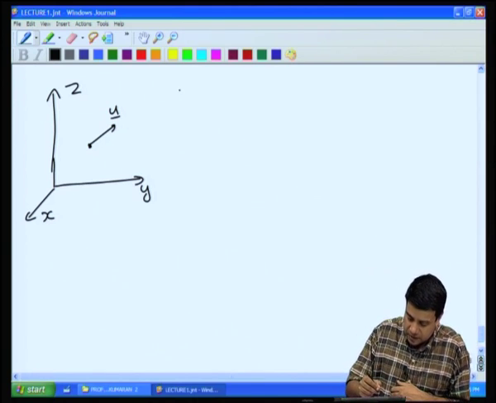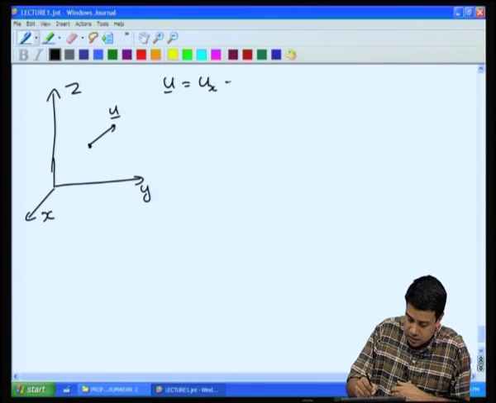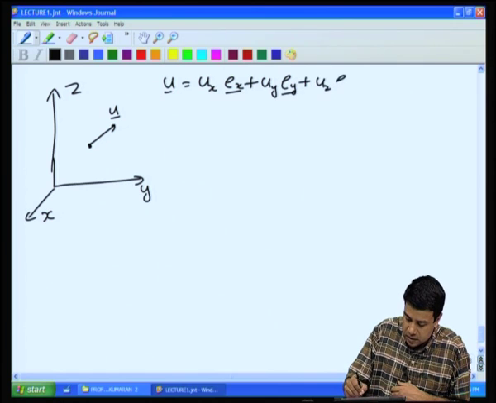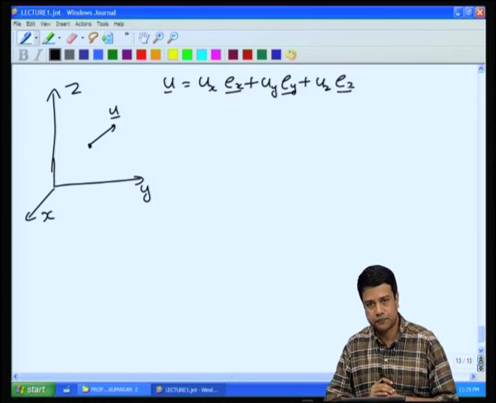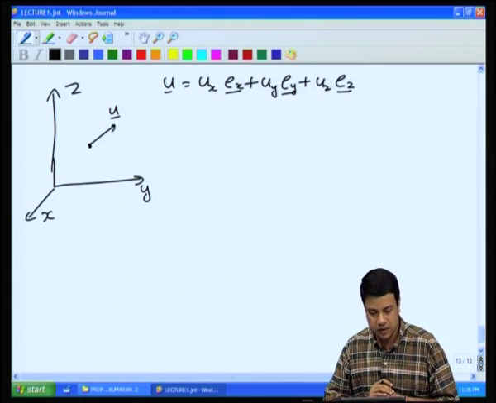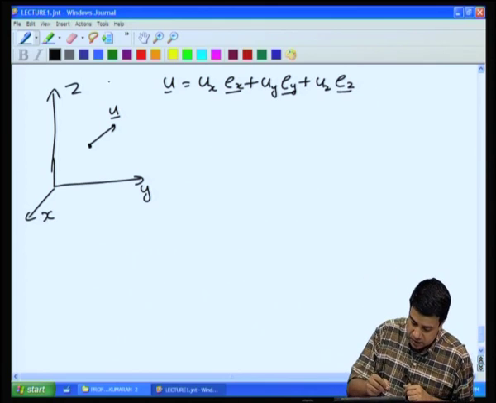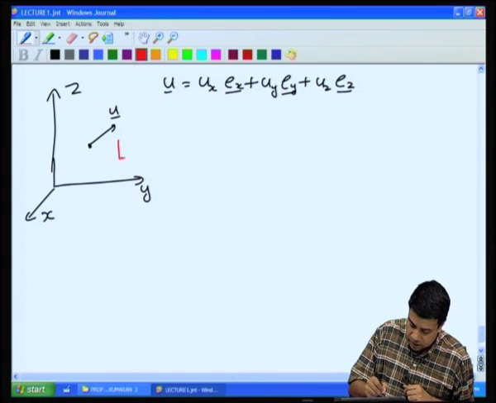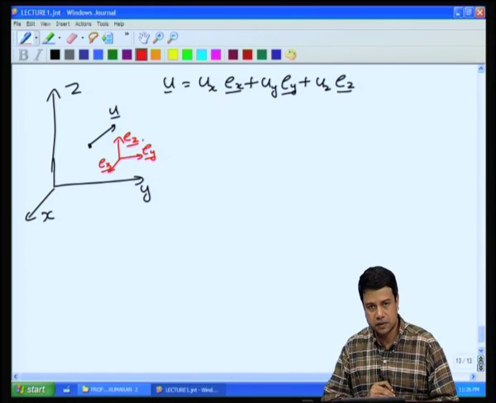So, I can write, for example, velocity u is equal to ux ex plus uy ey plus uz ez, can be written in terms of three components along the three different directions, where ex, ey and ez are the 3 unit vectors in the 3 directions.